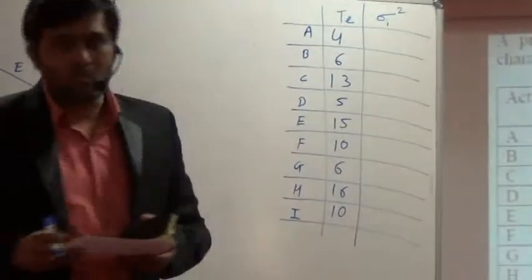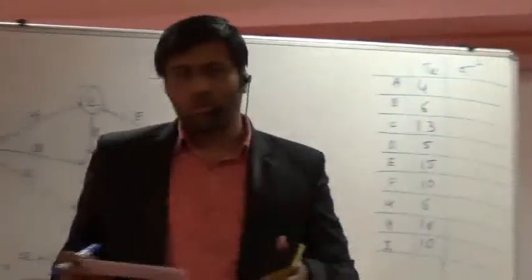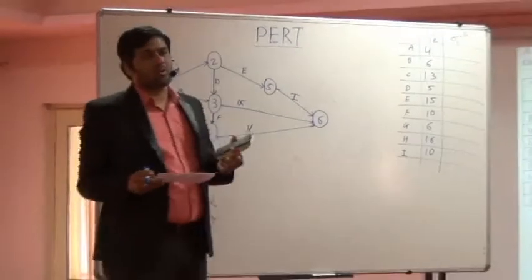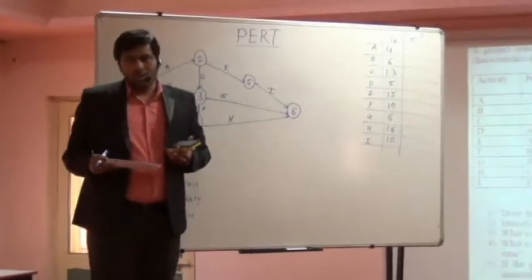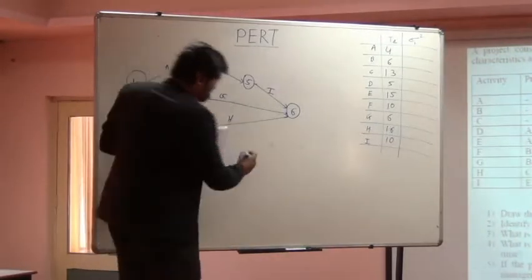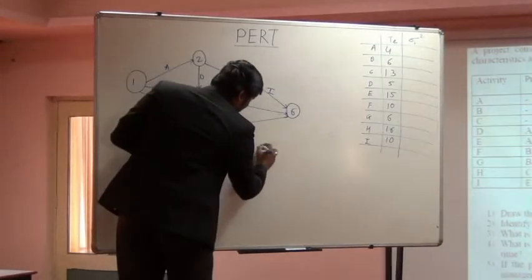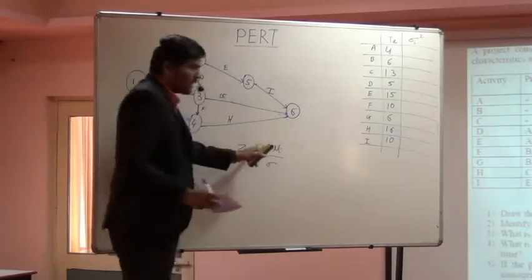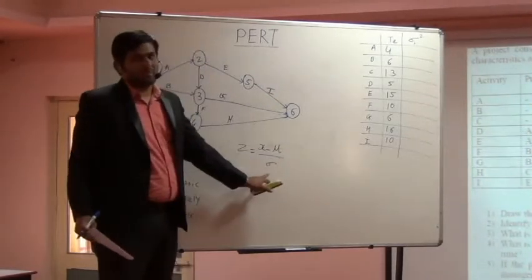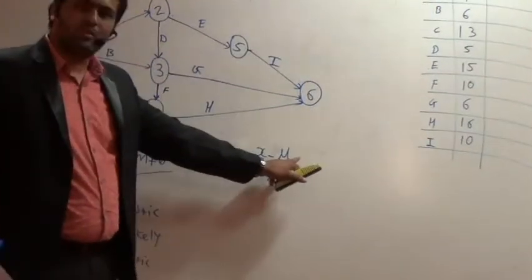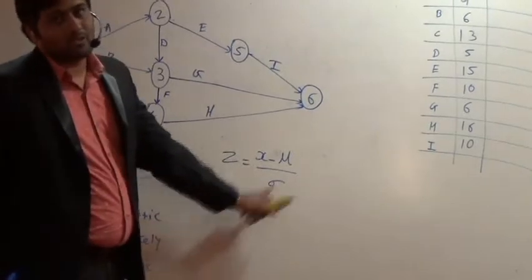Now, one more very important thing. Why is it important? Because the PERT technique follows the normal distribution beta curve. The normal distribution curve requires a z-score, and the z-score requires 3 important things: x, mu and sigma. Here, the estimated time for the project will be mu, and the variance we need to derive.